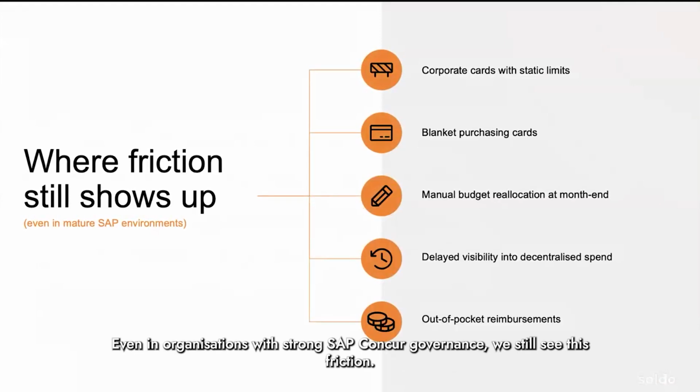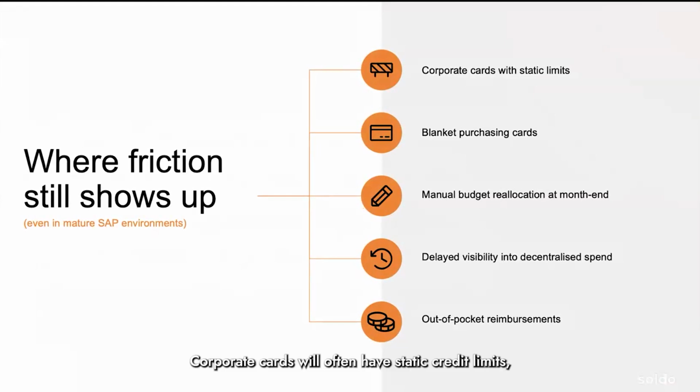Even in organizations with strong SAP Concur governance, we still see this friction. Corporate cards will often have static credit limits, limited controls over merchants and where you can spend, limited alignment to budgets for projects or customers or clients or however your structure is needed to be reflected.